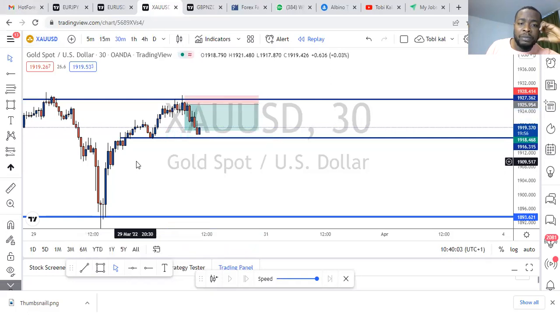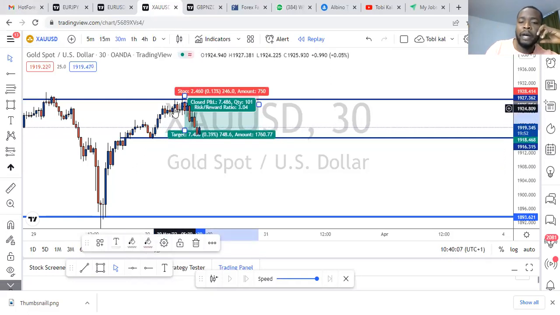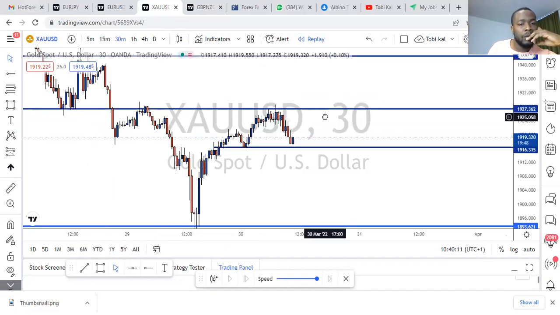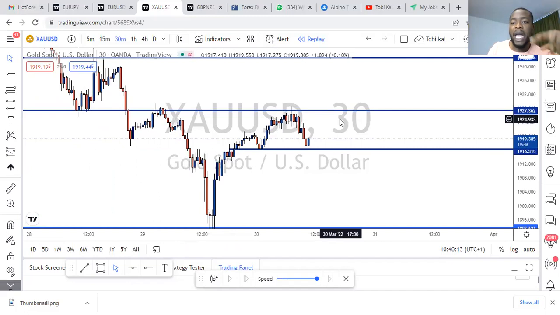Now I'll talk about the principle of setting stop loss, and then I'll take a few questions. Okay, so we said we buy off support and then we sell off resistance points. If we are buying at support, where would our stop loss be?